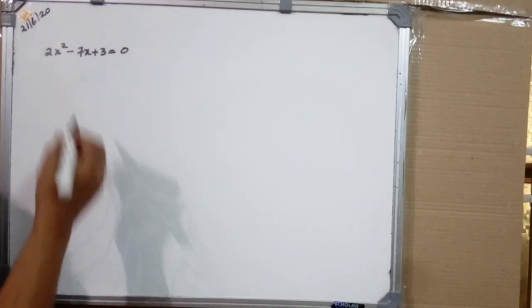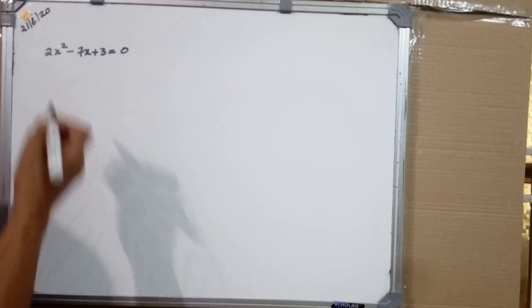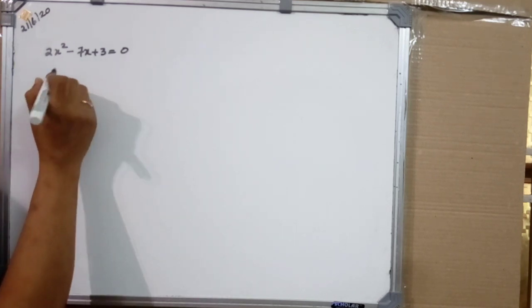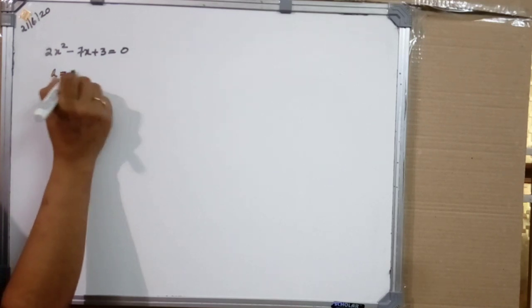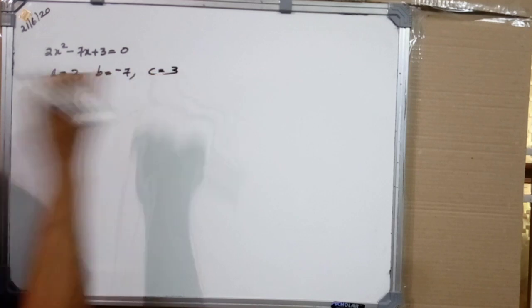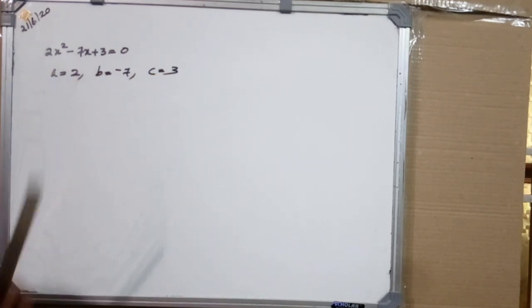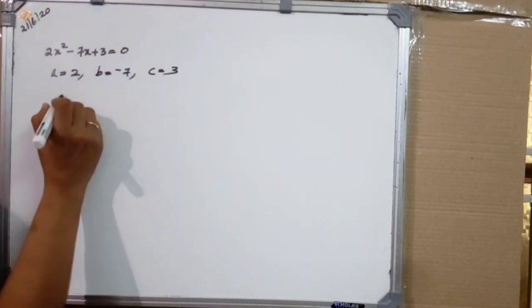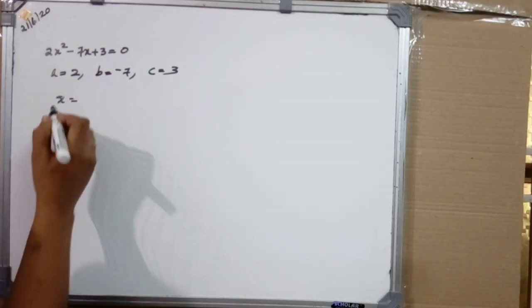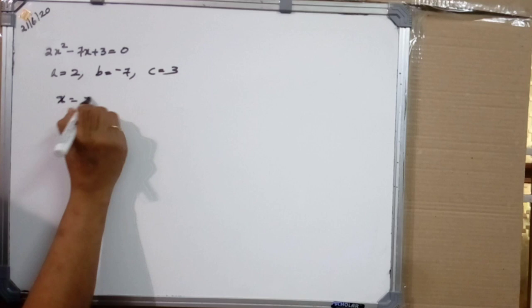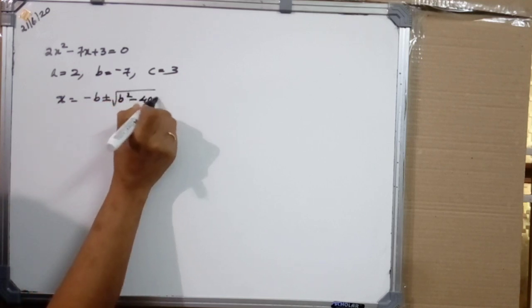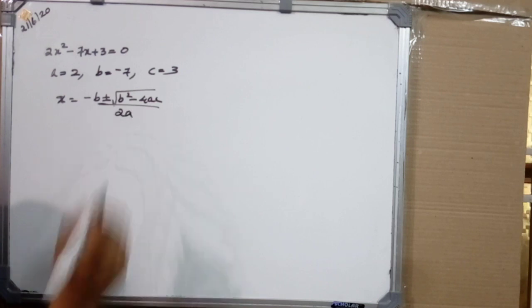Let us see. Here we have the quadratic equation. Compare with the standard form, we get a equal to 2, b equal to -7 and c equal to 3, along with the sign. We have x equal to the quadratic formula, that is x is equal to minus b plus or minus root b square minus 4ac by 2a.